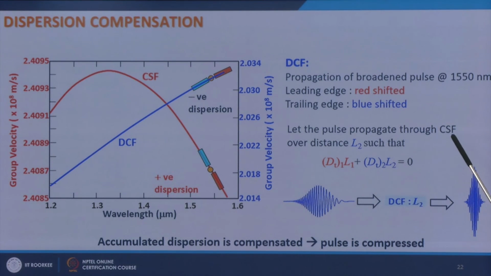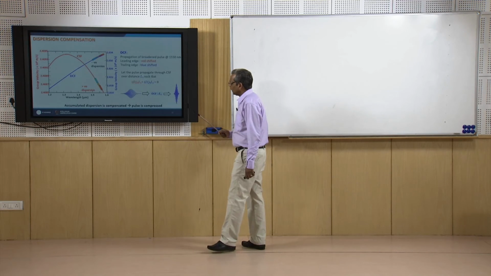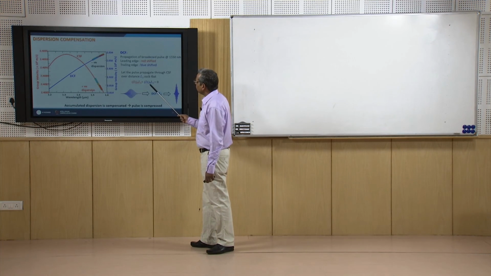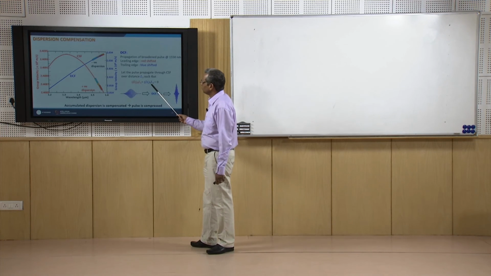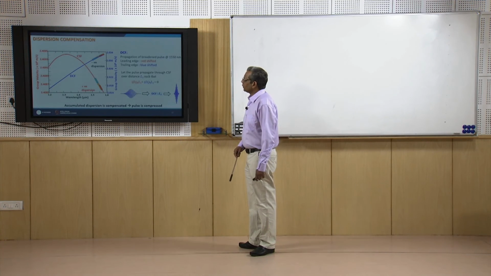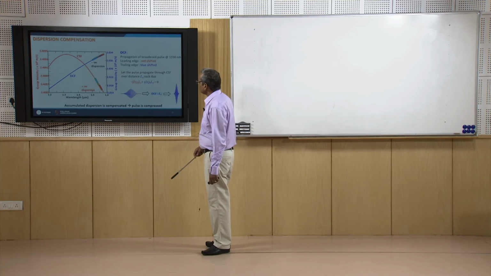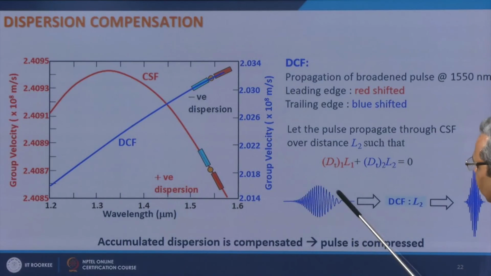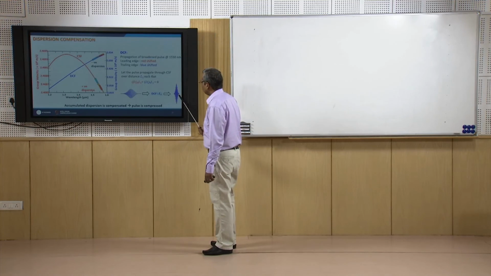If I let the pulse propagate through DSF, I am sorry, this has to be corrected, through DCF, dispersion compensating fiber, over distance L2 such that dT1 L1 plus dT2 L2 is equal to 0, where dT2 is the dispersion coefficient of this DCF, then this broadened pulse in the conventional single mode fiber will get compressed, and you will get back the original pulse.